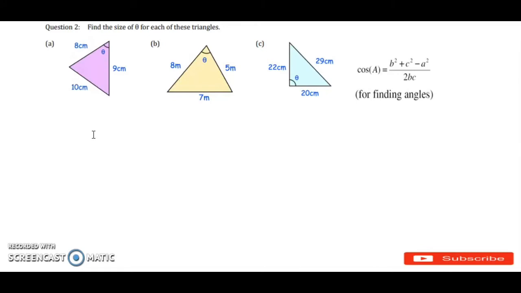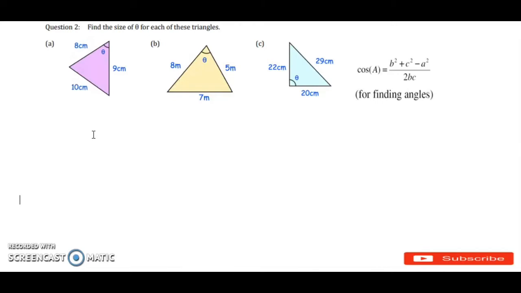The triangle that we're looking at should have the measurement for all three sides in order for us to find the measurement of the missing angle. When you look to the right, you will see the formula. So if we're looking for the angle A, it is equal to b squared plus c squared minus a squared over 2bc. So we are going to be using that information as it relates to answering the question.